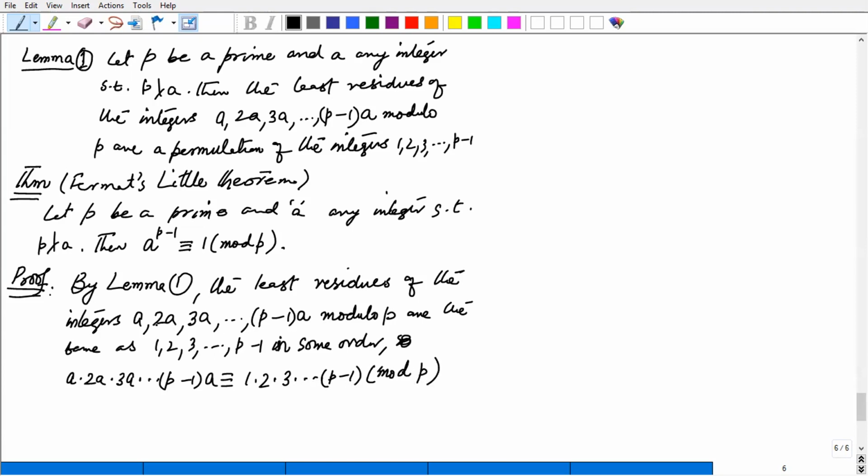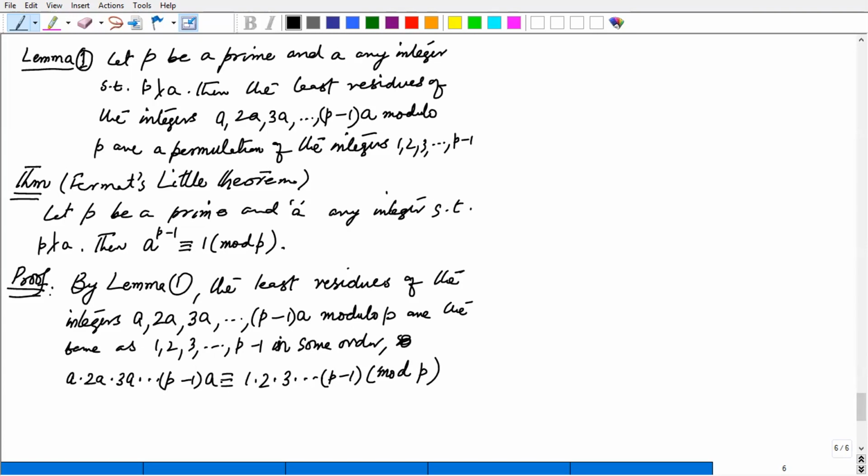Definitely, because they are least residues, we can write it like that. How many a's do we have here? We have p minus 1 a's, because the coefficient of a is 1, from 1 till p minus 1.